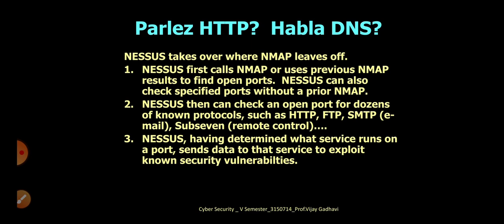It can check an open port for dozens of known protocols such as HTTP, FTP, that means file transfer protocol, you already know, SMTP for email, simple mail transfer protocol, and SubSeven, that means remote control. Having determined what service runs on a port, it sends data to that service to exploit known security vulnerabilities.